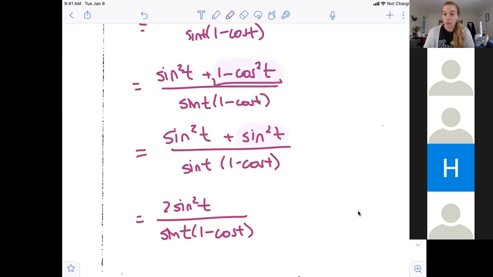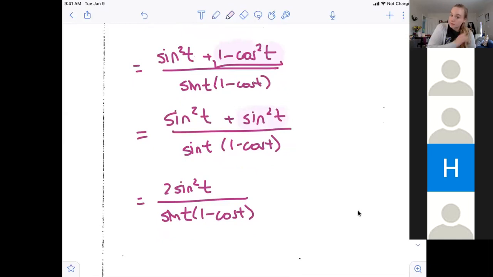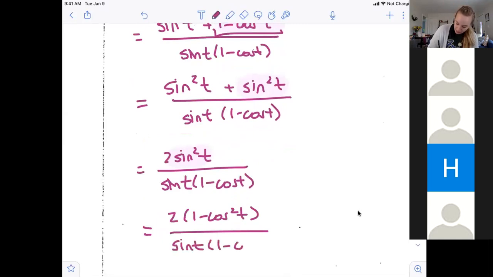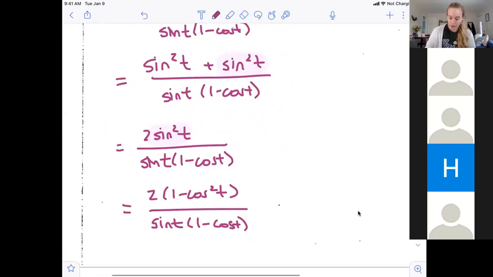Now I want to go backwards because we've got to get rid of this 1 minus cos t. So now I'm going to replace this sine squared t with 1 minus cosine squared t, over sine t times 1 minus cosine t. I know it's almost done. Give me a second.